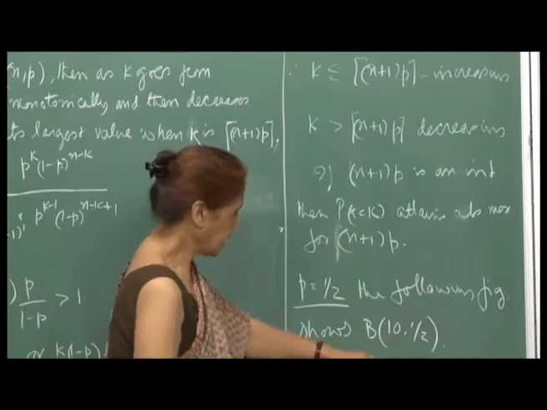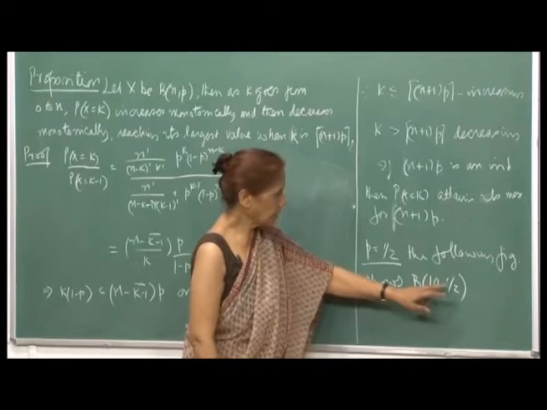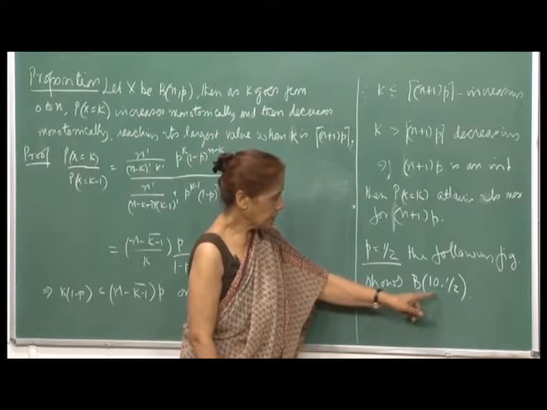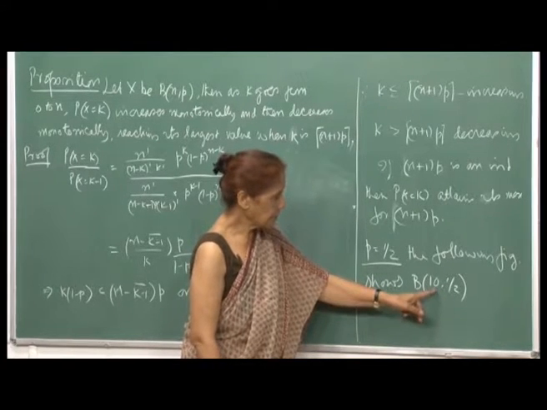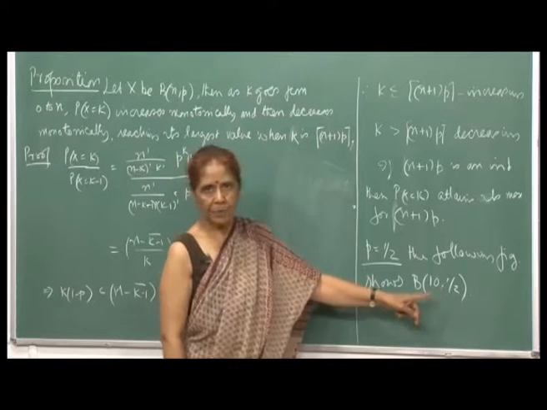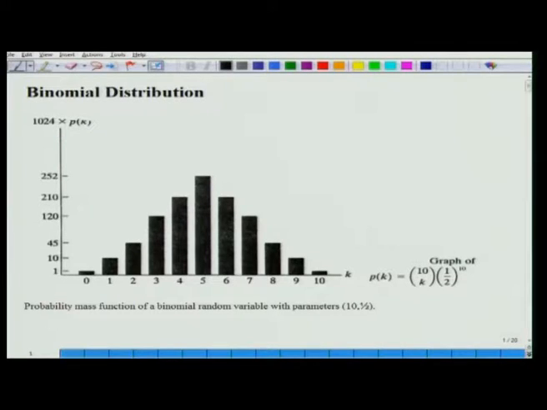I will show you the diagram now, the bar chart for a particular binomial distribution. Here the parameters are 10 comma half, that means the number of trials is 10 and p is half.